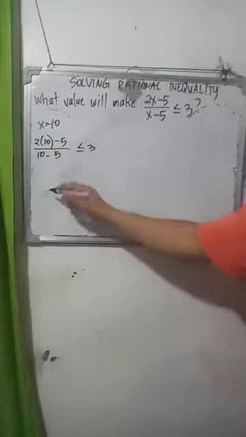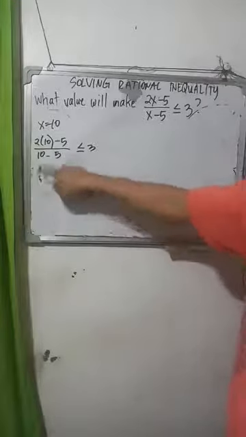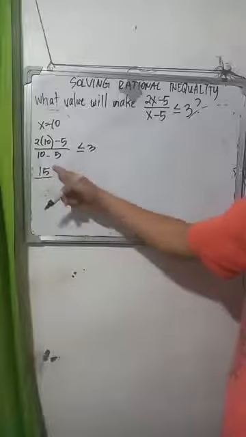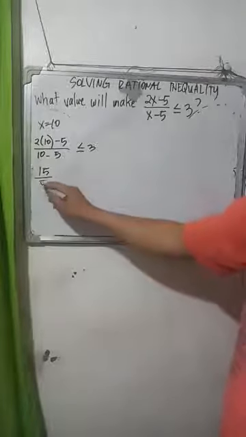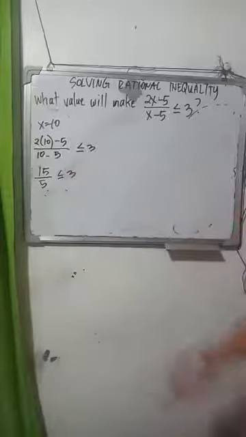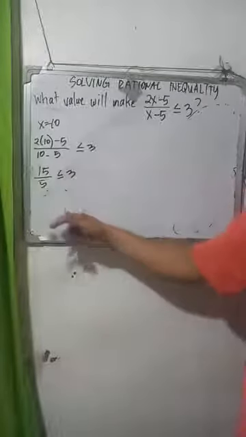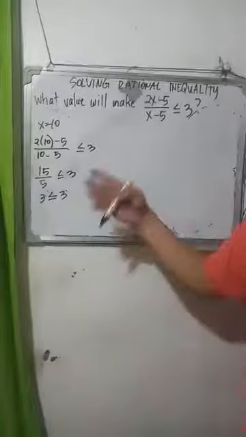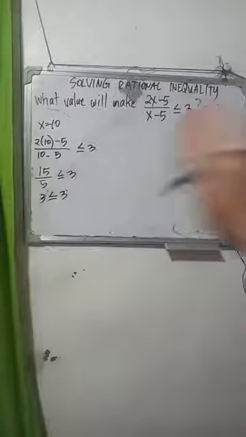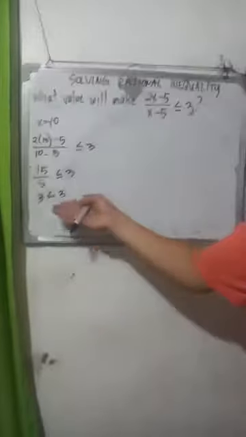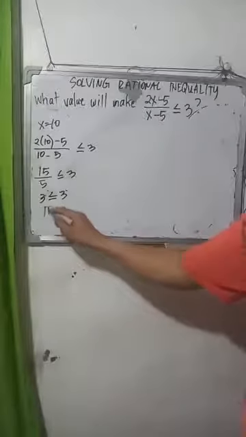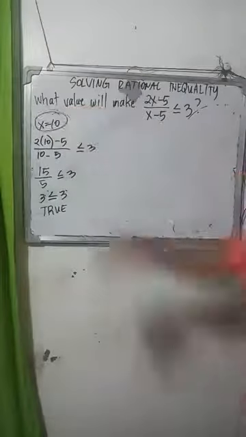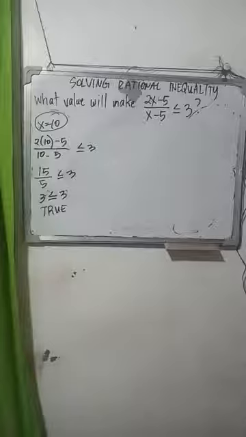So 2 times 10, that is 20. 20 minus 5, that is 15. Over this one, that is 5. Less than or equal to 3. So 15 over 5, that is 3. Less than or equal to positive 3. That is true or false? Okay, that is true. If x is positive 10, one of the meaningful numbers.